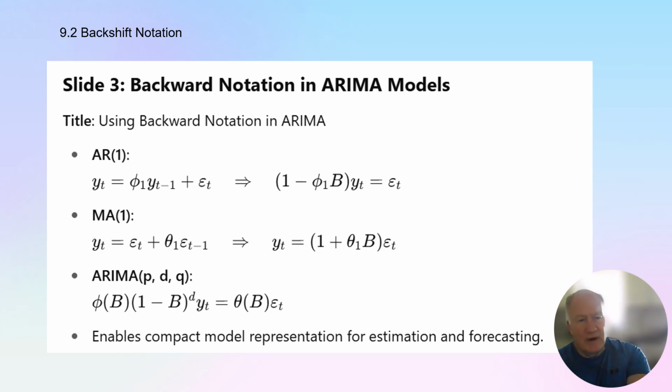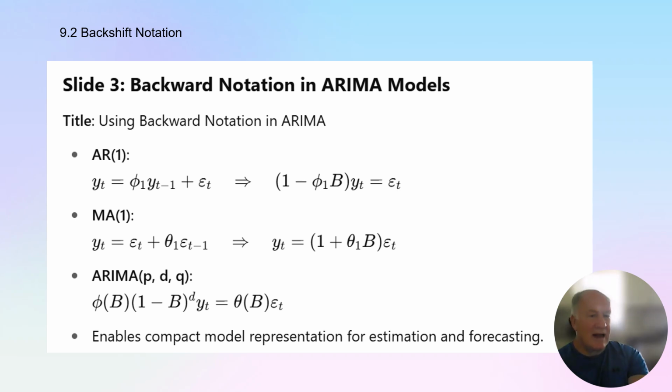So for example, in ARIMA models, what we're going to have is y of t is equal to phi of y of t minus 1 plus some error term or some uncertainty, or residual. In this case, we can write it as 1 minus phi 1 B times y of t is equal to our residual.